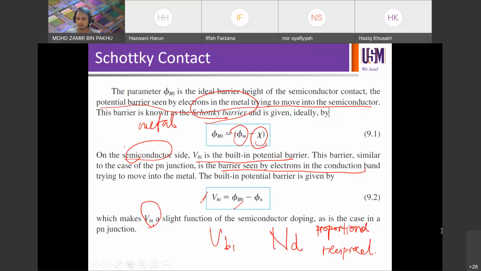Okay, Maria said ln ND, hold on. Proportional to ln ND. A question: VBI is the potential barrier. Yes, VBI is a potential barrier in the semiconductor seen by electrons in the conduction band.